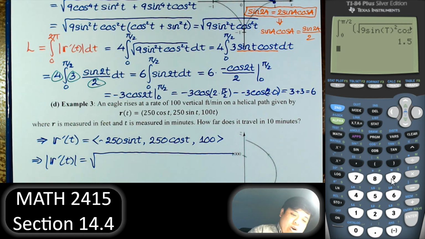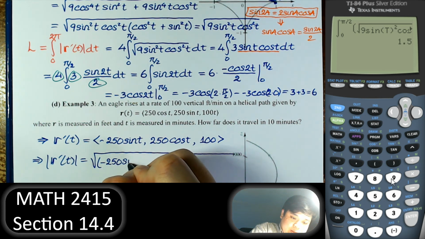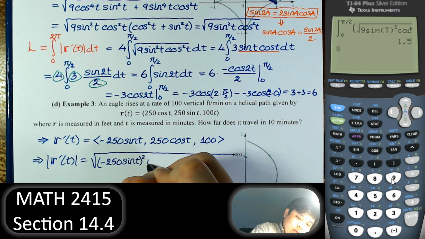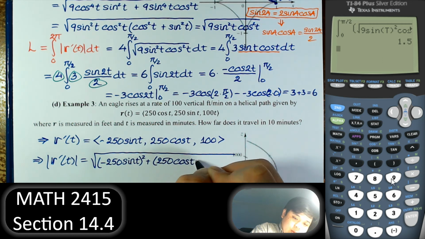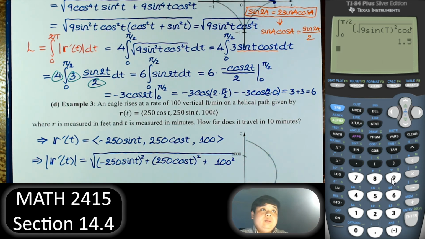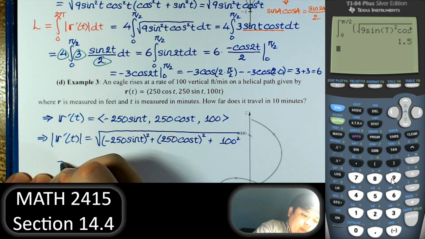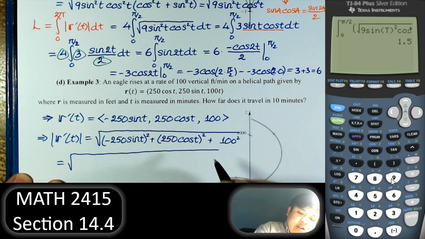Again, we have cosine square and sine square. That's convenient. Right.